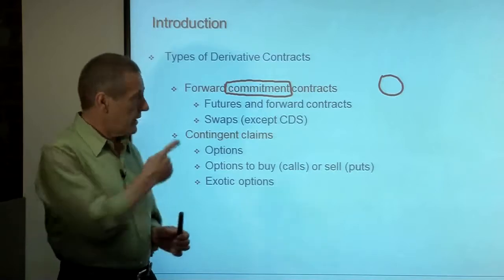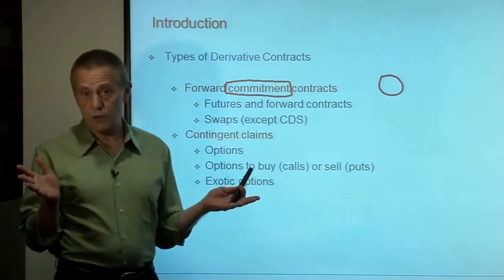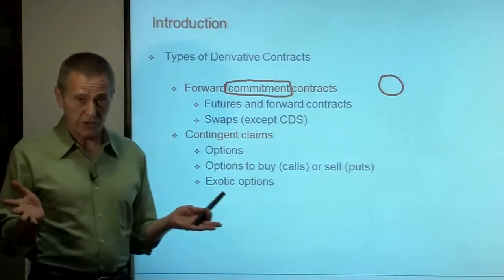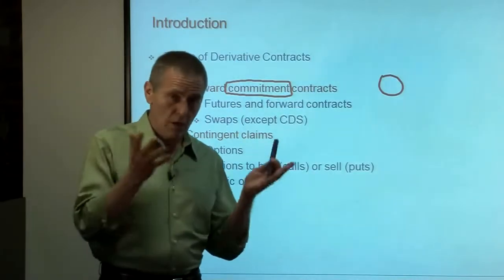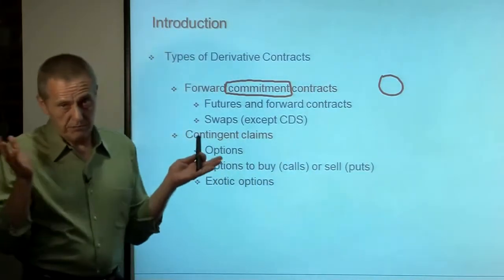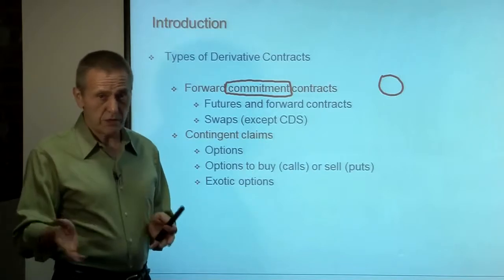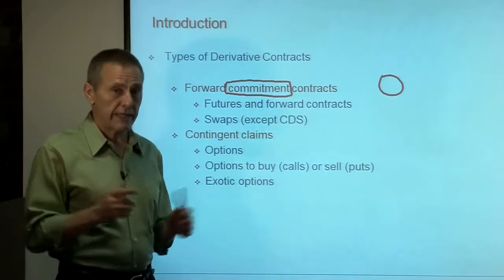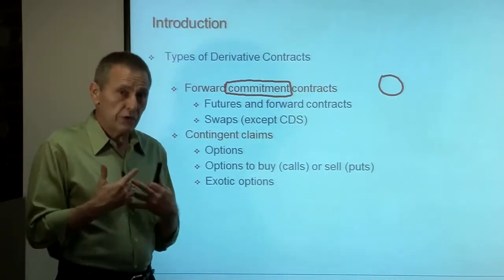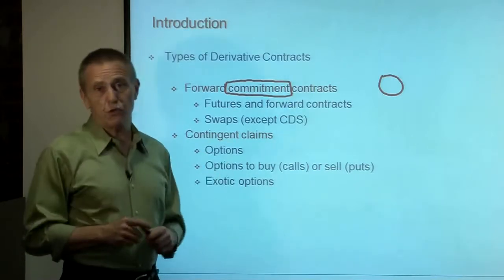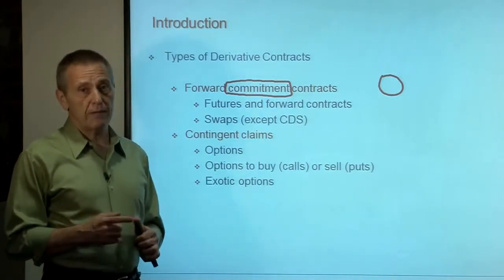Because think about it. If you can get into one of these positions at no cost whatsoever, that's extremely capital efficient. Oh yeah, you might have to put up some assets, it might be called a margin in the futures market, or it might be called collateral in the over-the-counter derivatives market, but that's still your money. You're just putting up something that indicates your willingness and ability to live up to your financial obligations.